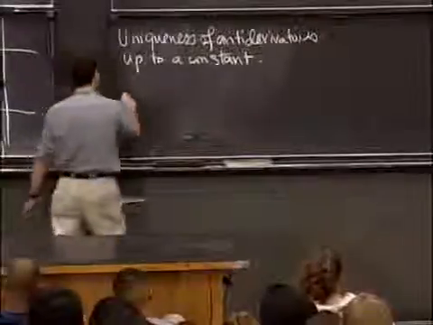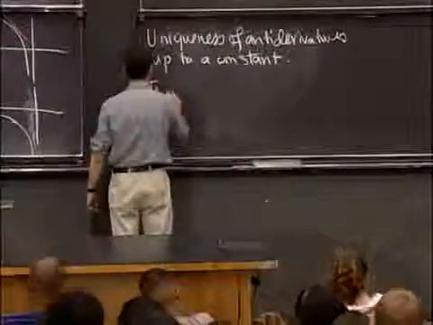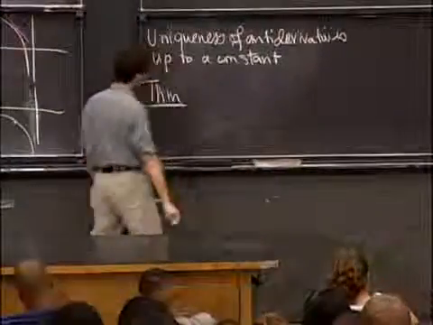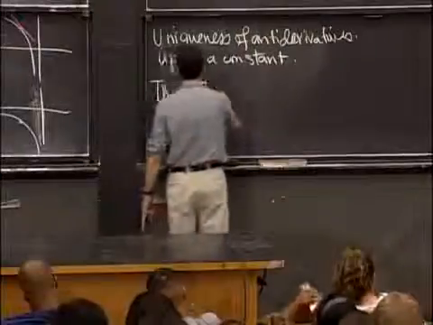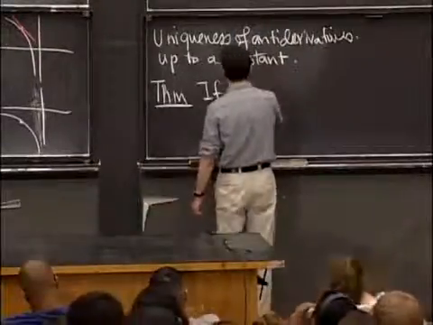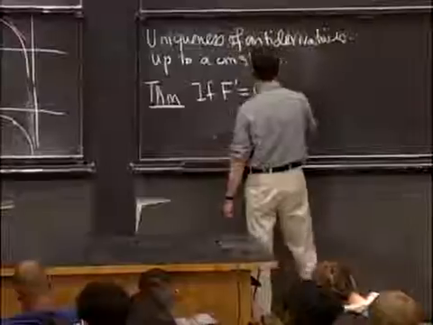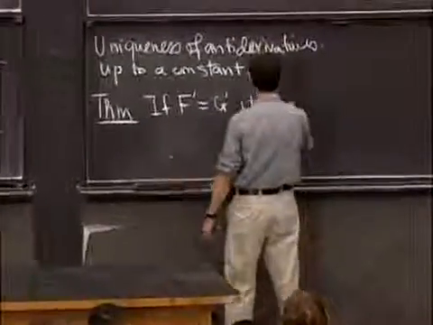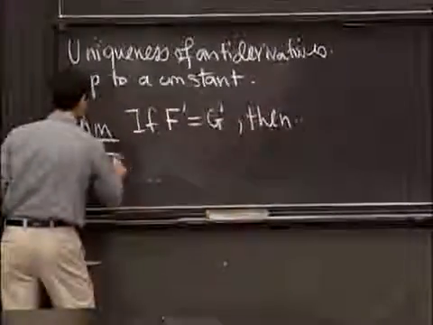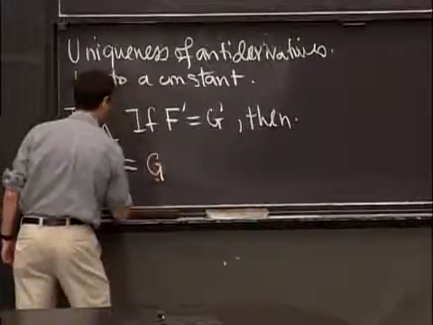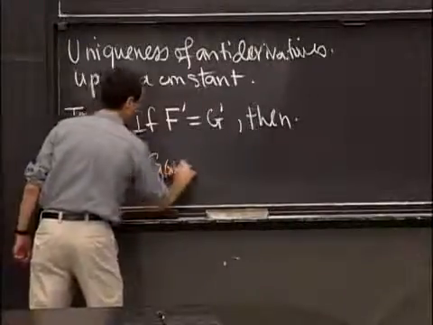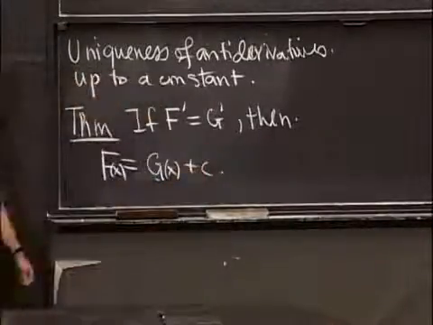The theorem is the following. If f prime equals g prime, then f of x equals g of x plus a constant.